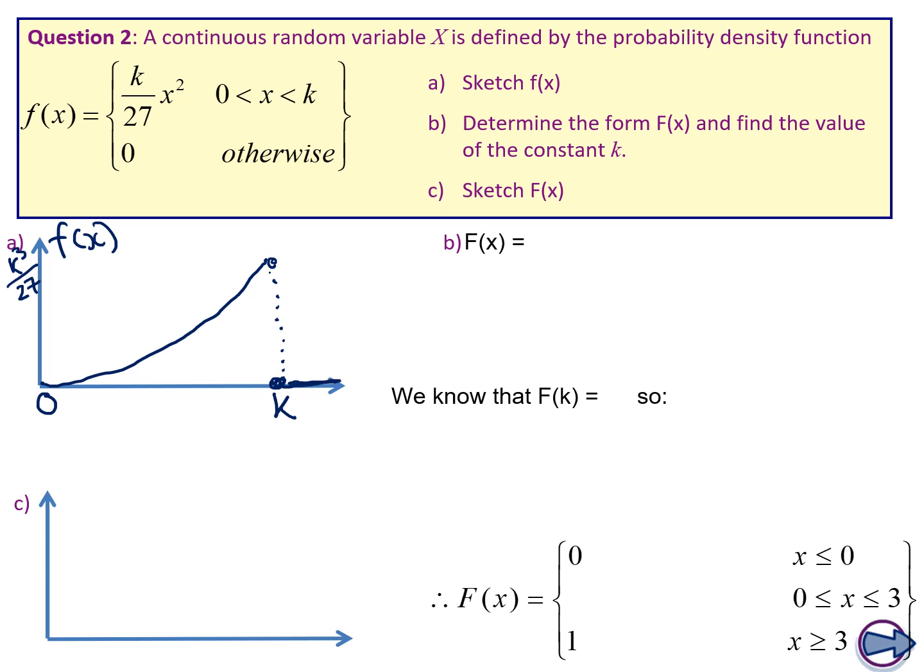Determine the form of big F of x. So we have to integrate it between its lower limit, which this time is 0, and a variable factor x.